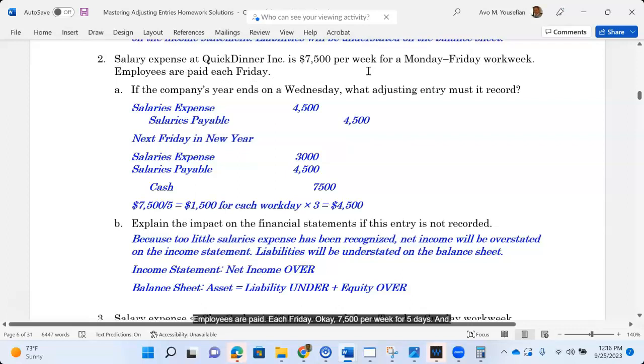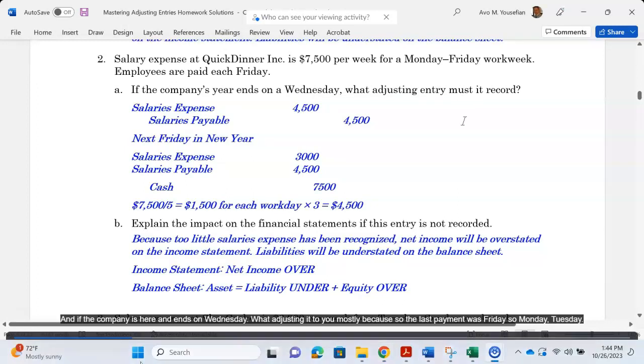Okay, $7,500 per week for 5 days. 7,500 divided by 5 is $1,500 a day, right? And if the company's year end is on Wednesday, what adjusting entry must it record?